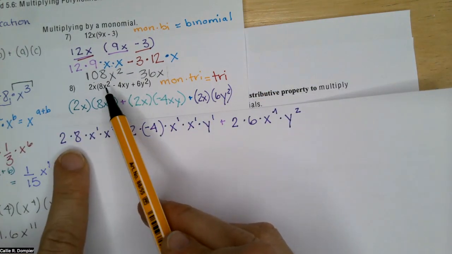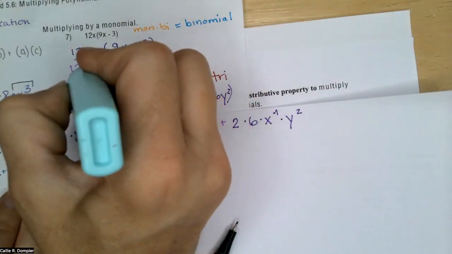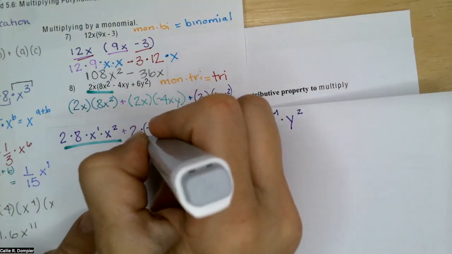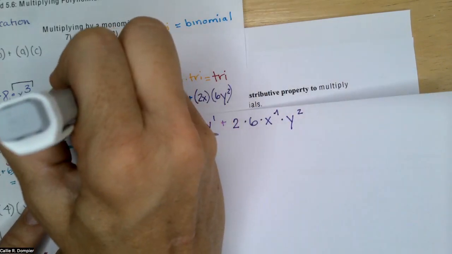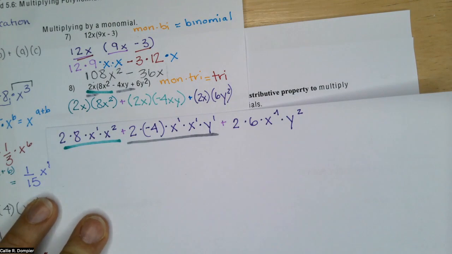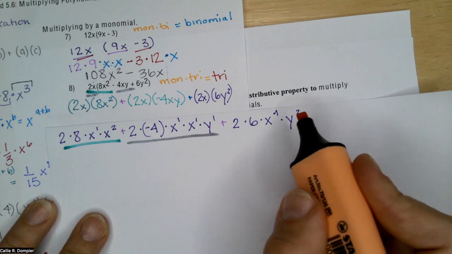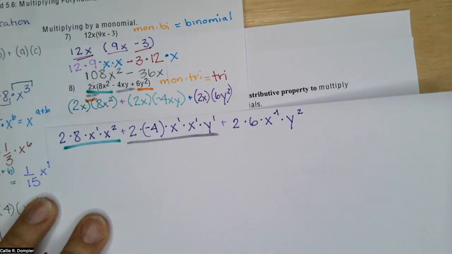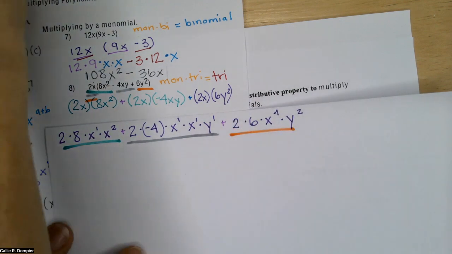So 2x times 8x squared is this one. 2 times negative 4 times x times y is distributing that one. And then 2 times 6 times x times y squared is distributing the 2x to the 6y squared. Okay, now we just simplify.